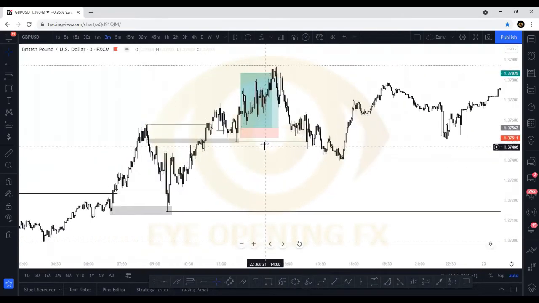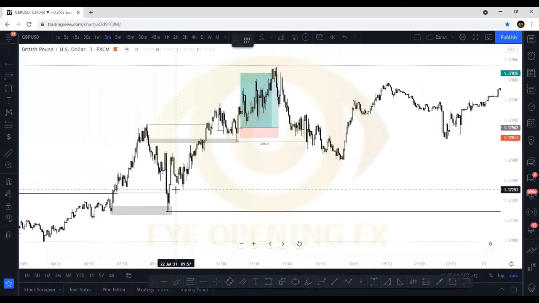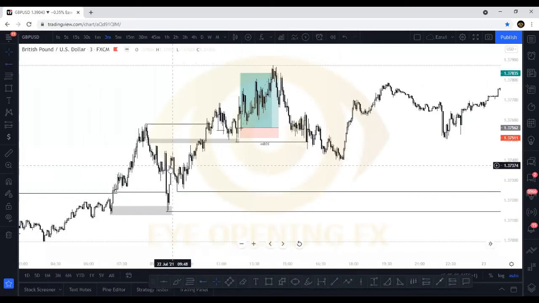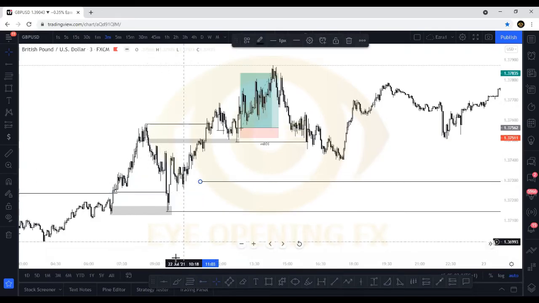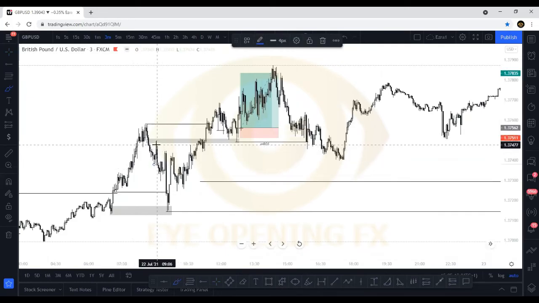Since market has now broken structure to the downside here, your next point of interest is the inducement of primary liquidity, which is this very low. So now a lower low. Notice how we count that liquidity. Here in this downtrend you have a lower low, a lower high, a lower low, a lower high, a lower low.